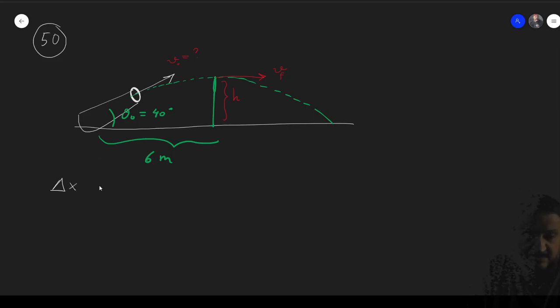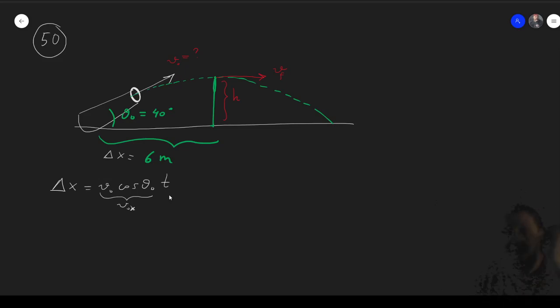Delta x, which is 6 meters, is equal to v naught cosine theta naught, which is v naught x, times t. Now be careful.